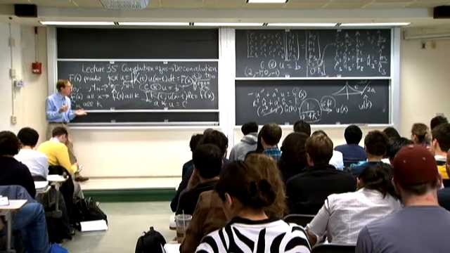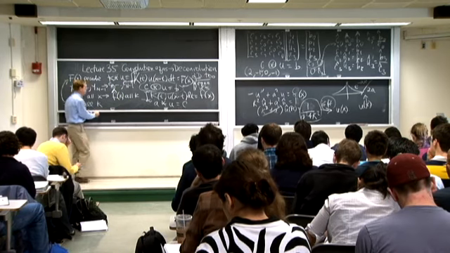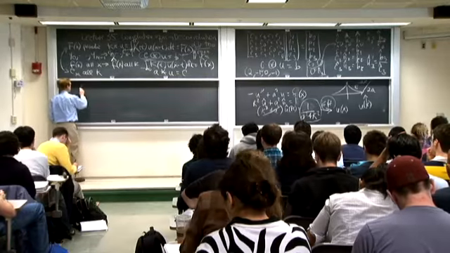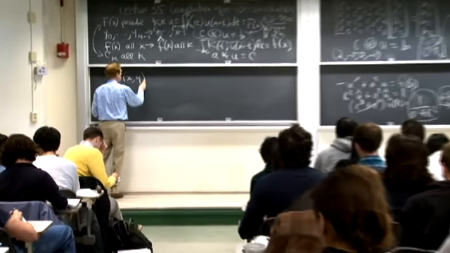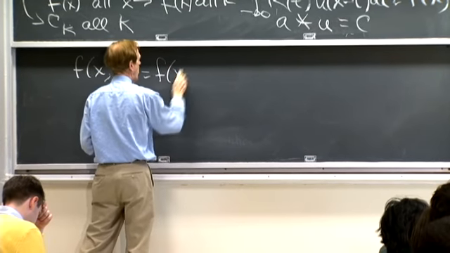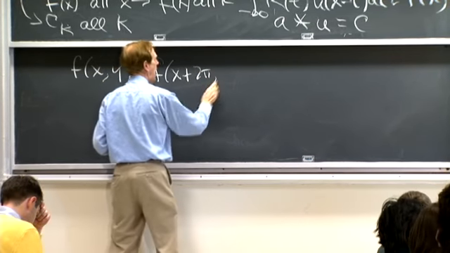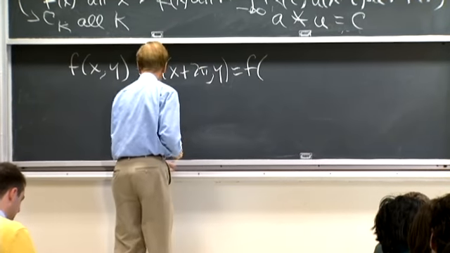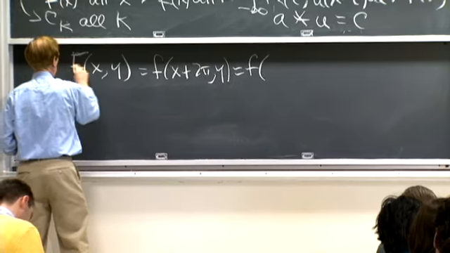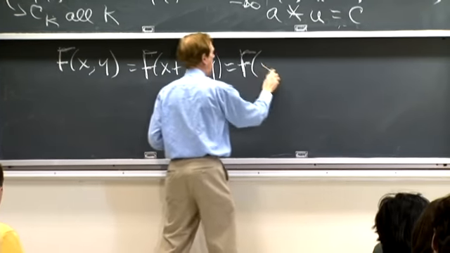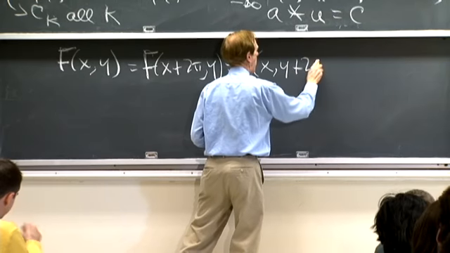Now, let's just get the formalities straight. Suppose I have a function of x and y, 2 pi periodic in x and in y. So if I bump x by 2 pi, or if I bump y by 2 pi, I'm using capital F for the periodic guys. So F of x, y plus 2 pi.